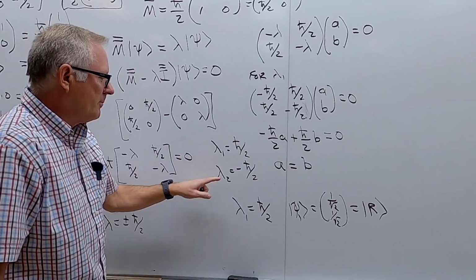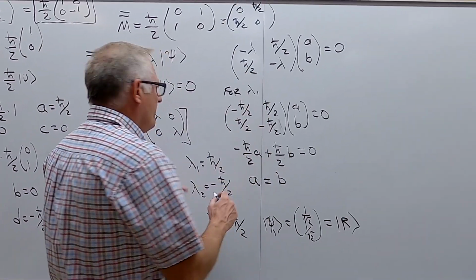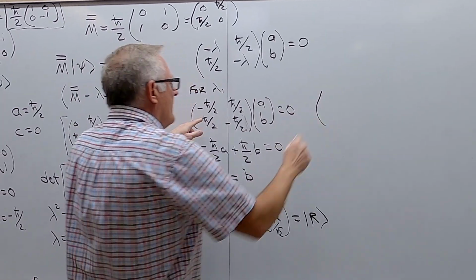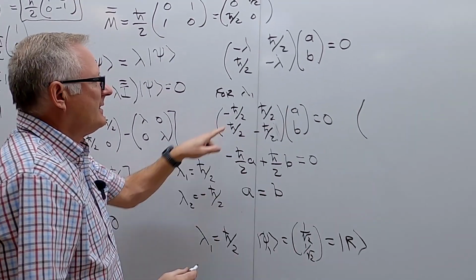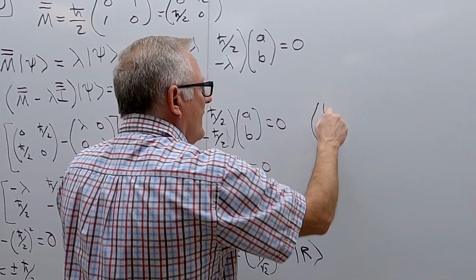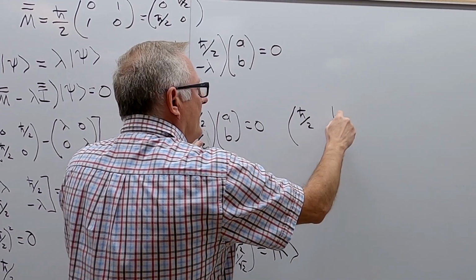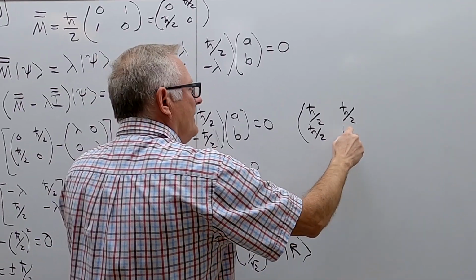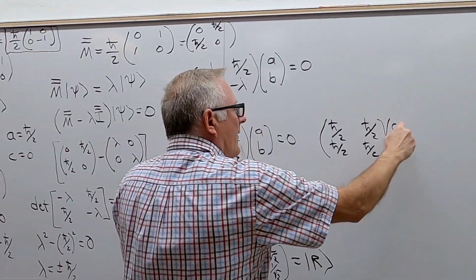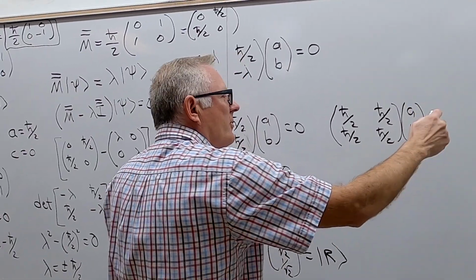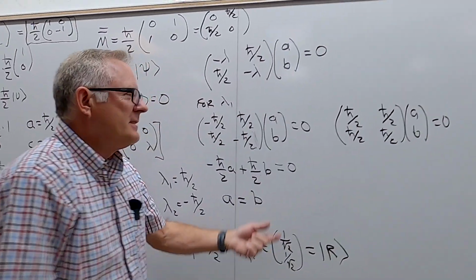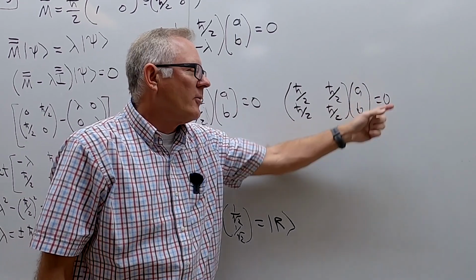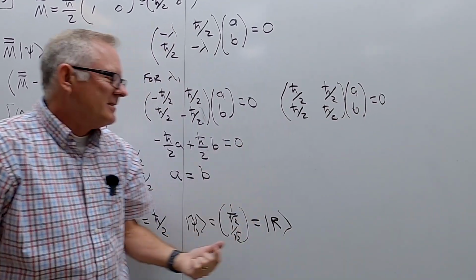So now let's plug in the other one right here. If we plug in, I guess I'll just plug it up right here next to it. If we plug in the other one, the minus, then this would be plus h bar over 2, h bar over 2, h bar over 2, h bar over 2. This would be plus h bar over 2, A, B equals 0. Oh, this says h bar over 2 a plus h bar over 2 b equals 0, so that says a equals minus b.